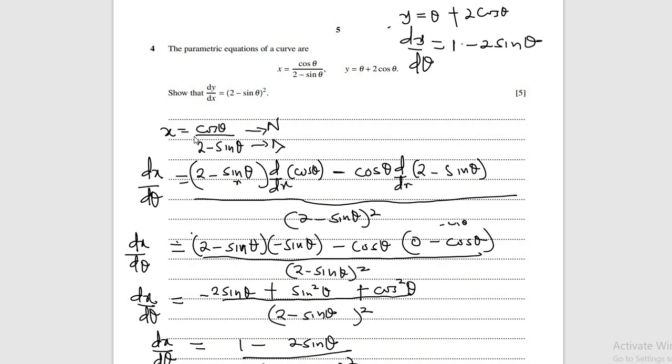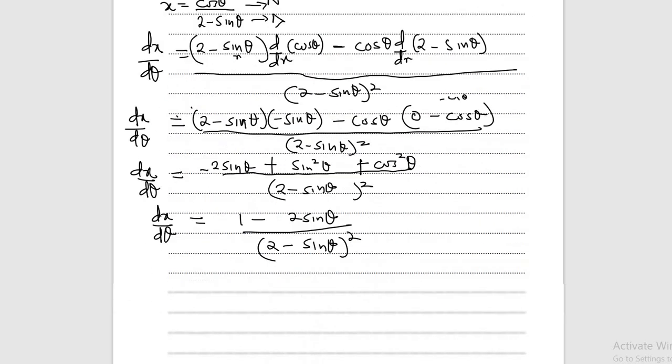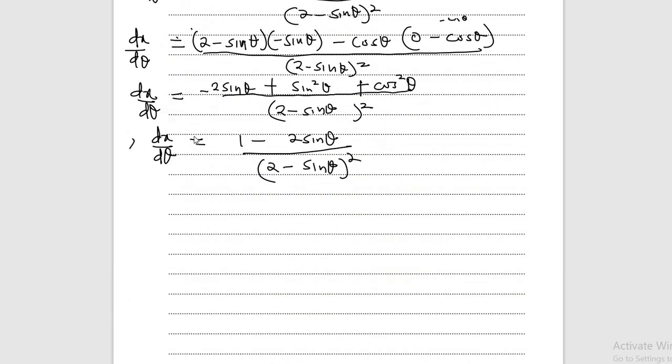This is the dy by d theta, and this is the dx by d theta. But what we are looking for is dy by dx. Don't forget that dy by dx will be dy by d theta times d theta by dx, such that when you cancel the d theta, we have dy by dx.